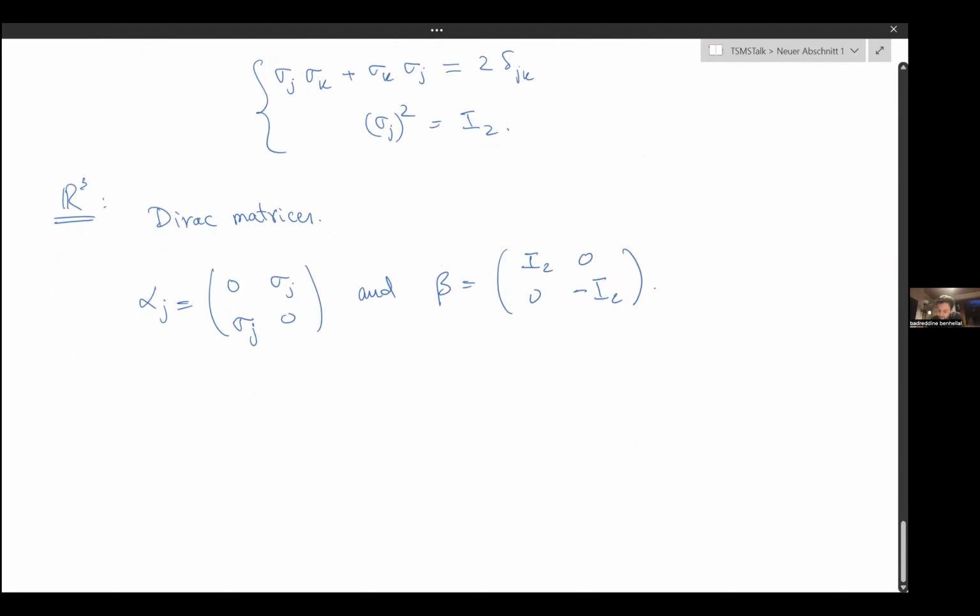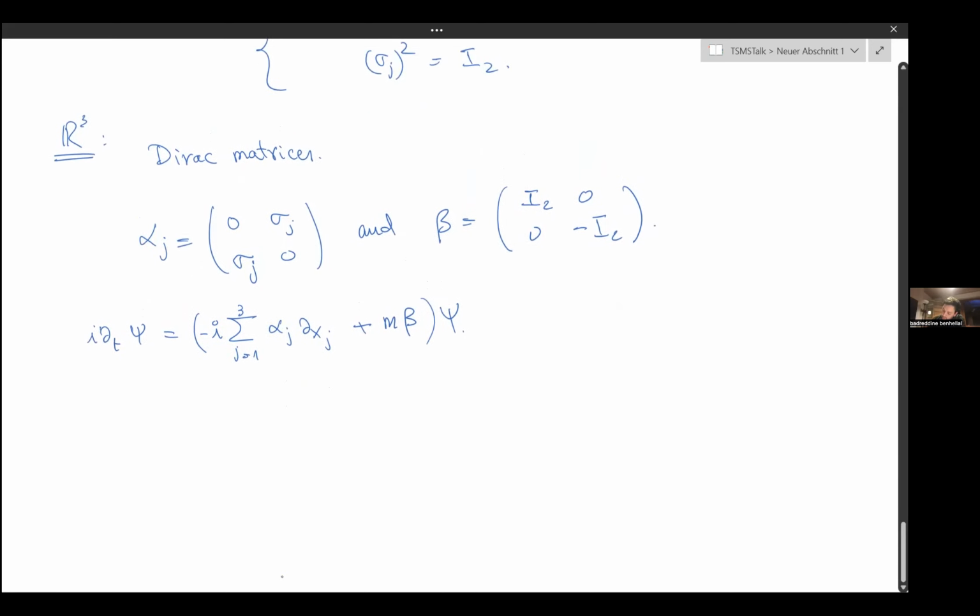So in the end, we have got the following. We have i dt of psi equal to minus i, the sum over j from 1 to 3 of alpha j dxj, plus m beta, applied to psi.